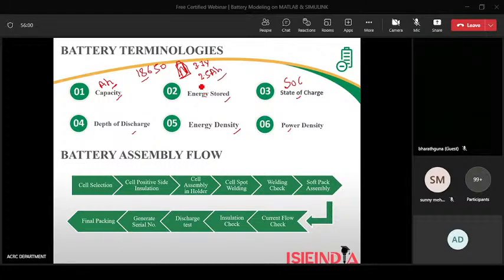So this is the specification of 18650 batteries. Ah means how much ampere, like 2.5 ampere, this battery can deliver in 1 hour. If it is written 2.5 Ah, it means that 2.5 ampere current this battery is able to charge or discharge through it.